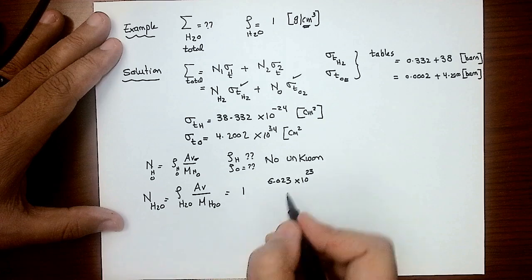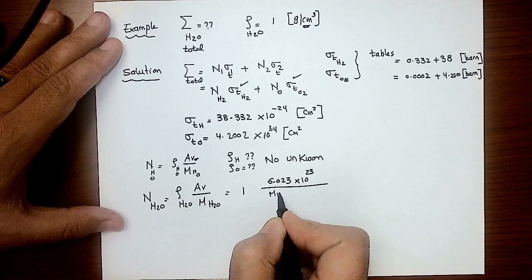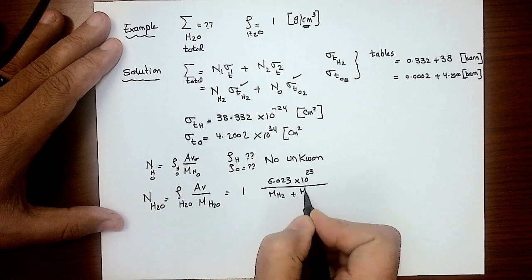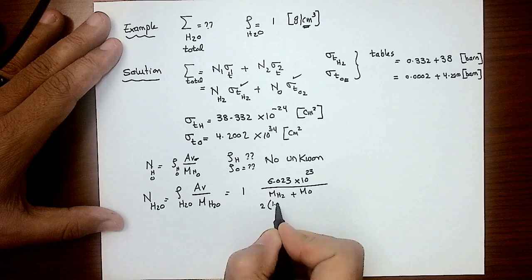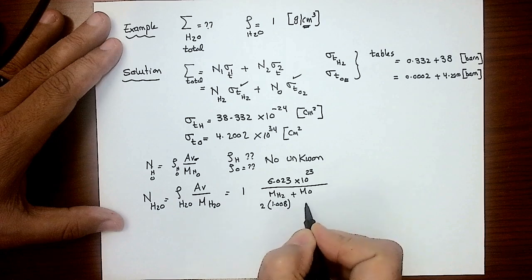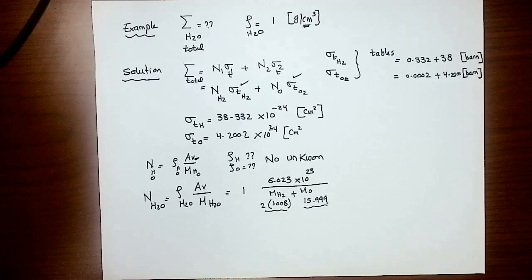The molar mass of H2O is the molar mass of H2 plus the molar mass of oxygen. This will be 2 times 1.008 plus the molar mass of oxygen, which is 15.999. Where these numbers come from, you would be provided a table.